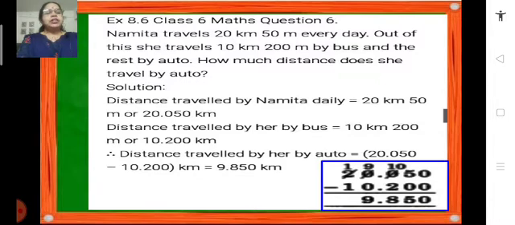So from the 10 in the ones place we get 1, so it becomes 10. 10 minus 2 becomes 8. Now we put the decimal and move on to the ones place. In ones we have 9. So 9 minus 0 becomes 9, and in the tens place we have 1 minus 1, that is 0. So the distance travelled by her by auto is 9.850 kilometers.